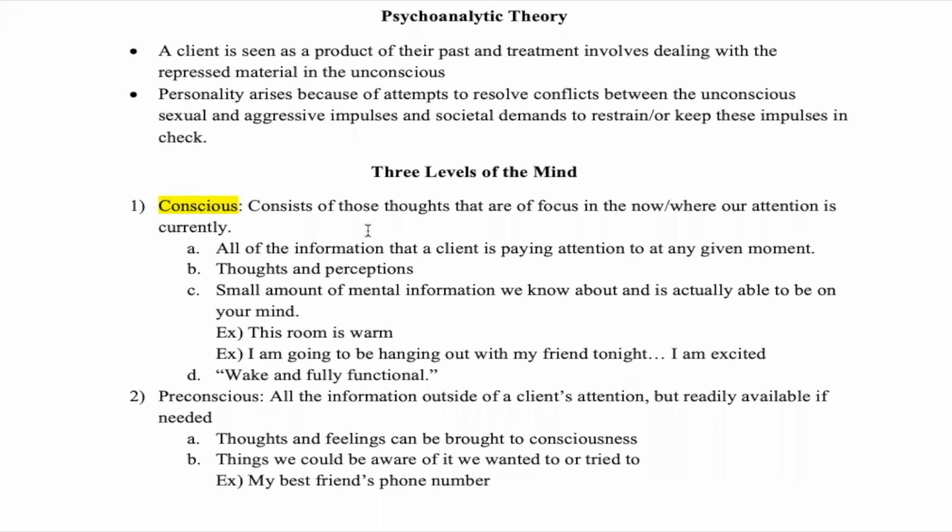This consists of the thoughts you're focusing on right now, or the sensations you're experiencing in this moment. It's all of the information a client is able to pay attention to at any given moment: the thoughts they're experiencing, the perceptions or perspectives they have, the sensations on their body, or the noises and sounds around them.